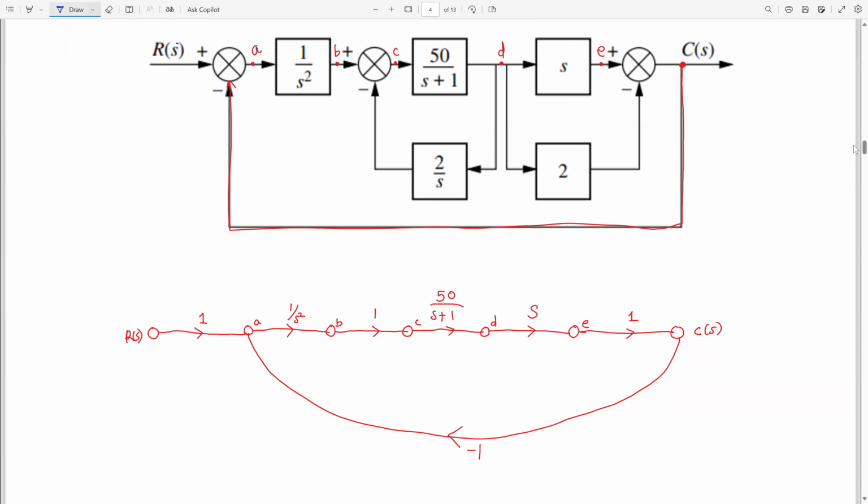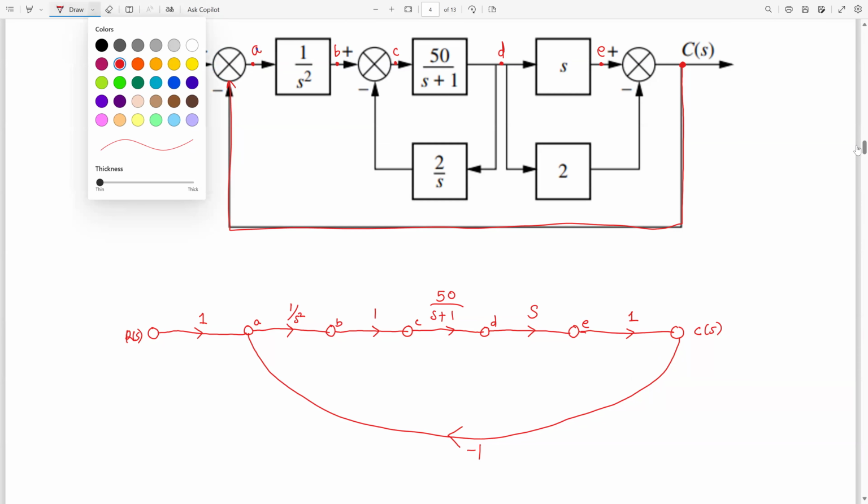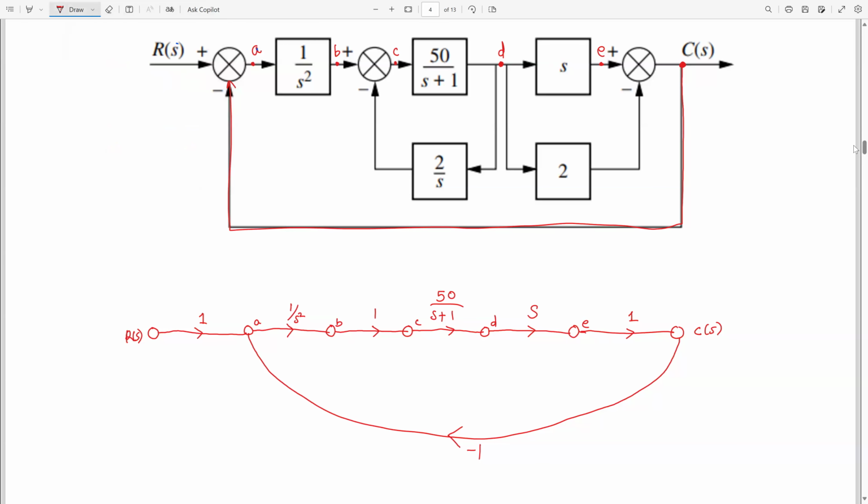Now, the next thing to do is to draw the signal from D to the input of this summing junction here. Since I'm taking it from this side, I'll start from D. The output of this summing junction here is C, right?